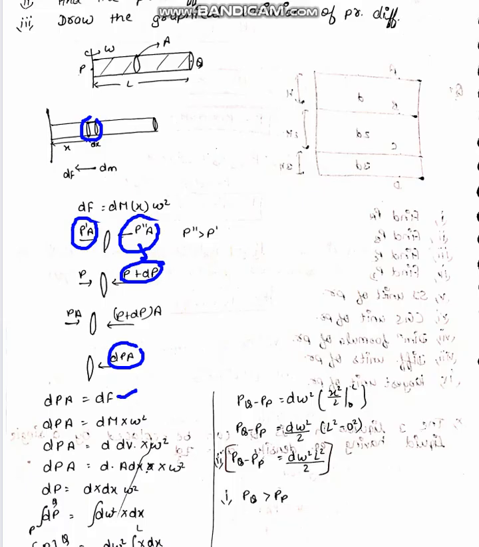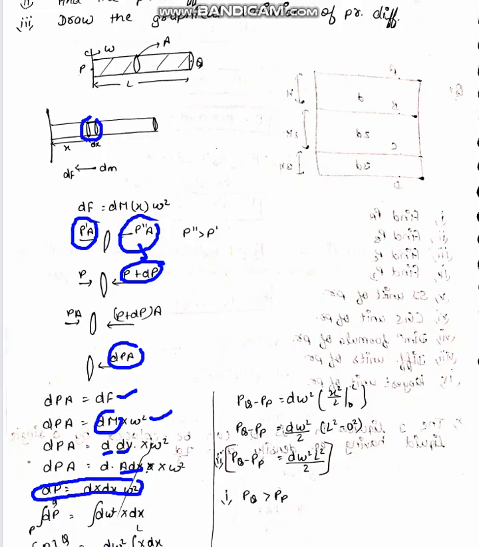The centripetal force is m r omega square. Now mass can be written as density into volume, and volume can be written as area into length. From this we get the expression for the elemental change in pressure.